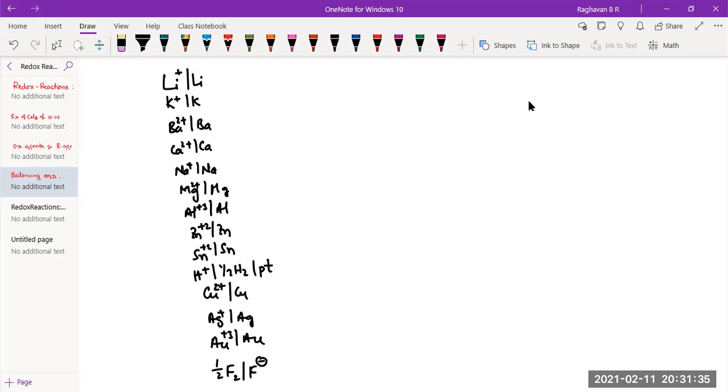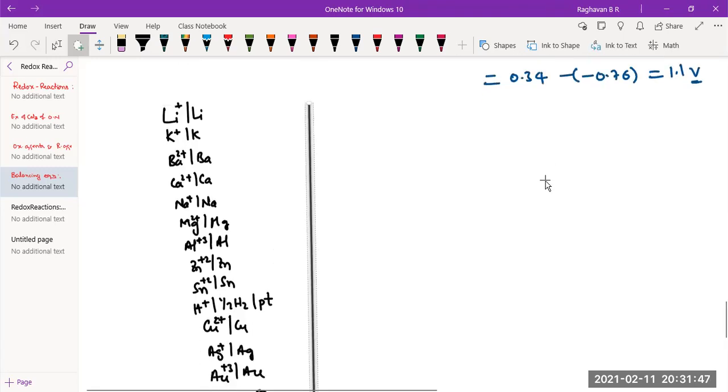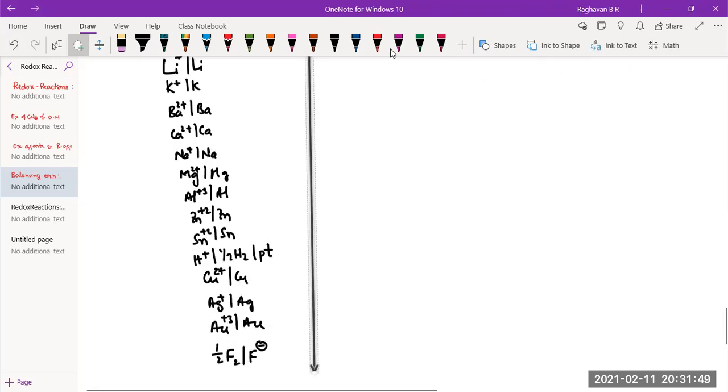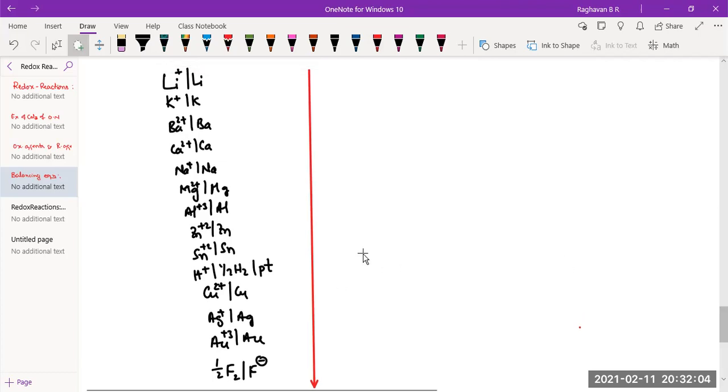Why should I write it that way? Anyhow, whether it is an oxidizing agent or reducing agent, we have written ion bar atom for everything. For this also we should write like that only. Every symbol that we have written represents a reduction potential.